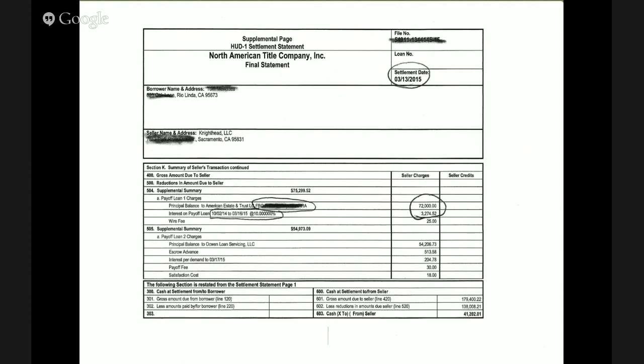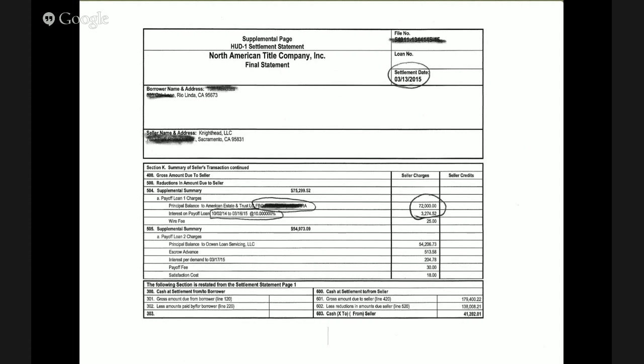So let's look at the HUD statement that I'm showing you here. This house closed in March, and this was one of the pictures I showed you tonight. When we bought this house, we took it over subject to the existing loan, and you'll see down below, the existing loan balance was $54,000.